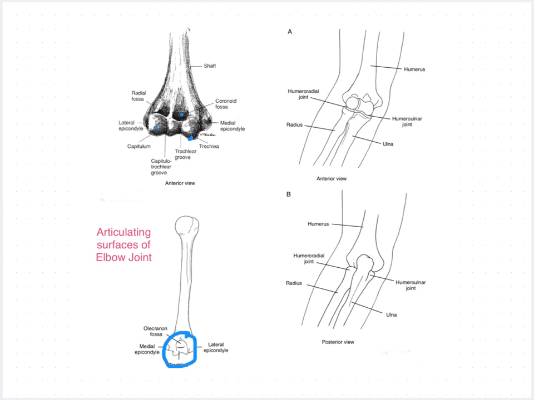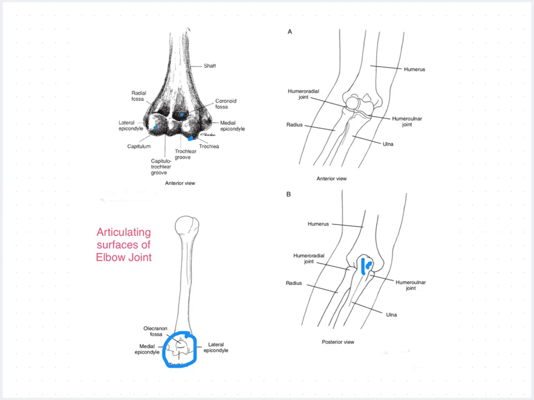The olecranon process of the ulna at the end of elbow extension. Here you can see the olecranon process during extension. This one is exactly fitting into the olecranon fossa, and this is the locked position of the elbow joint in extension. So this is happening when the elbow is extended.